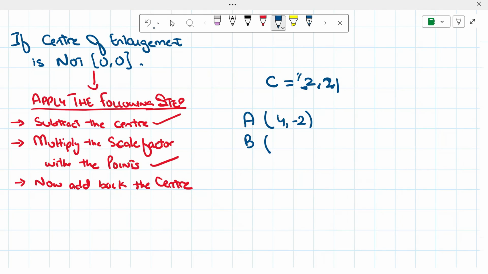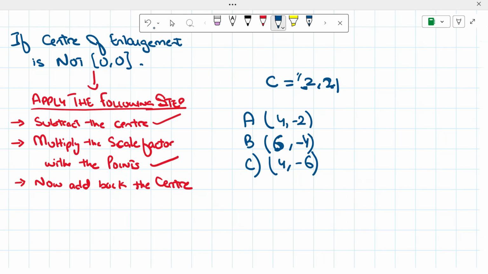Point B is 6 and minus 4. Point C is 4 and minus 6. Okay.